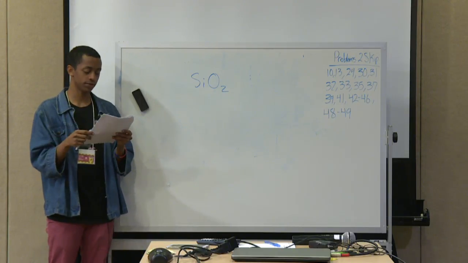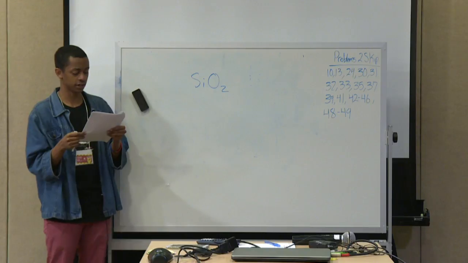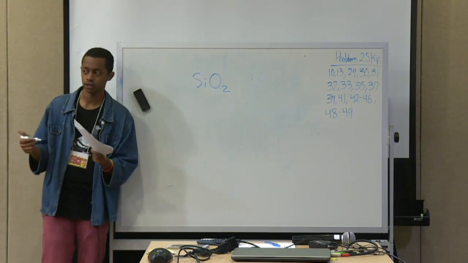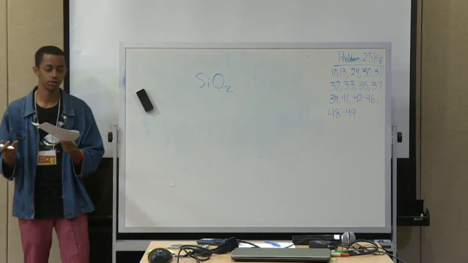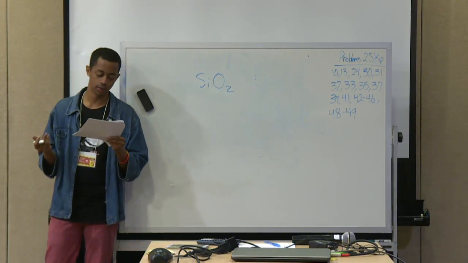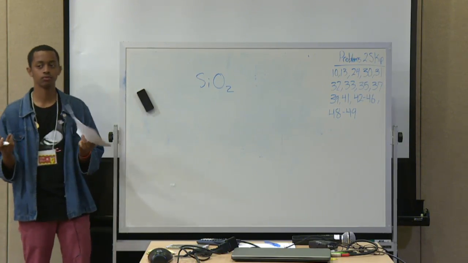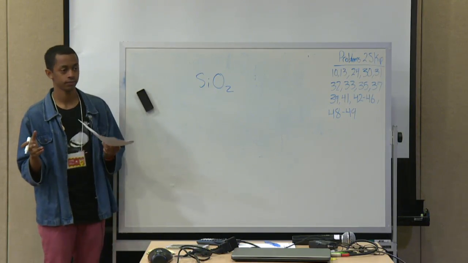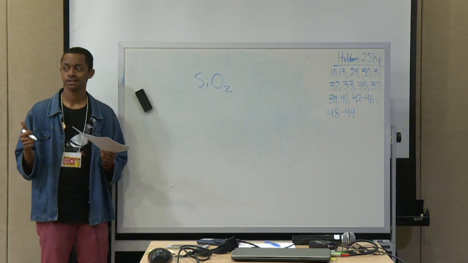C, quartz crystals are formed under extremes of temperature and pressure. If something is created under extreme temperature and pressure, does that mean its boiling point is going to be insanely high? Can you think of something that's formed under extreme temperature and pressure that has a relatively normal melting point? No?